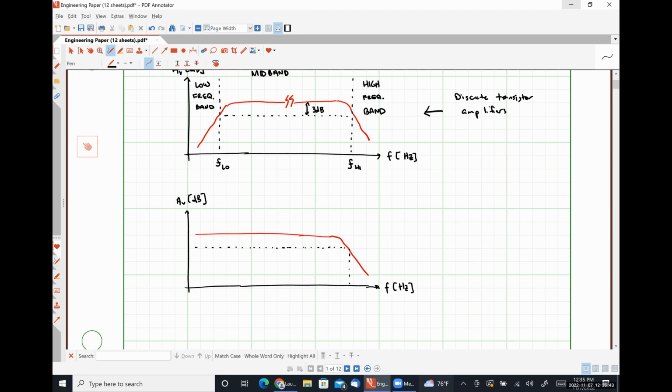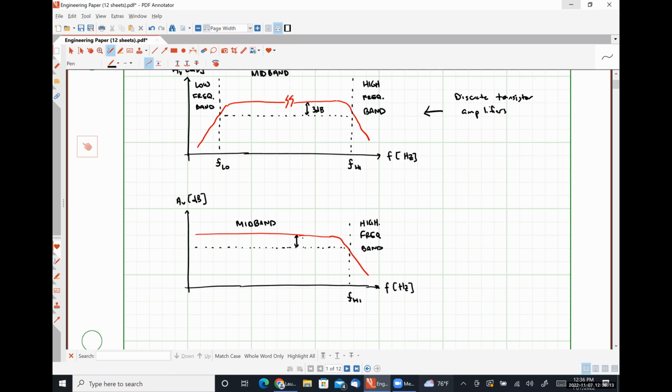Effectively, the low frequency roll off is non-existent because we don't have any coupling capacitors influencing our frequency response. We have midband all the way up to that corner frequency, at which point we hit our high frequency band. This is F high.